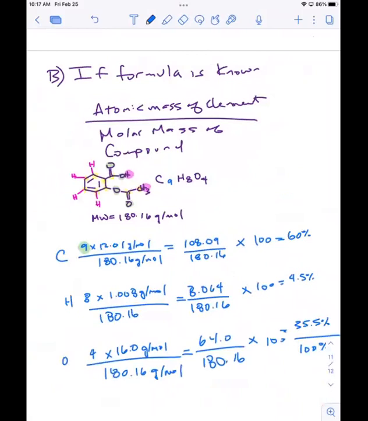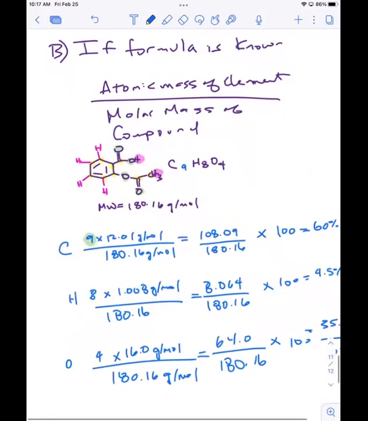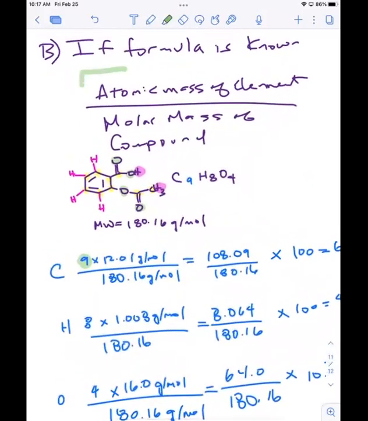By taking the atomic mass of the atom times whatever subscript is there, and then dividing that by the total molar mass of the compound. So this is the formula for that. It'll be the atomic mass of the element divided by the molar mass of the compound. And that's how you can find the percent composition based on those two terms, right?